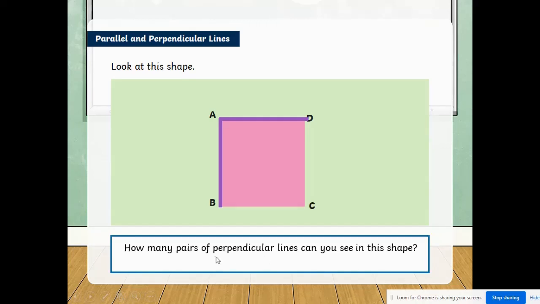We know that perpendicular lines make right angles. So since there are four right angles, how many pairs of perpendicular lines would be there? Four pairs, because each pair of lines is making one right angle. All right, let's go ahead.